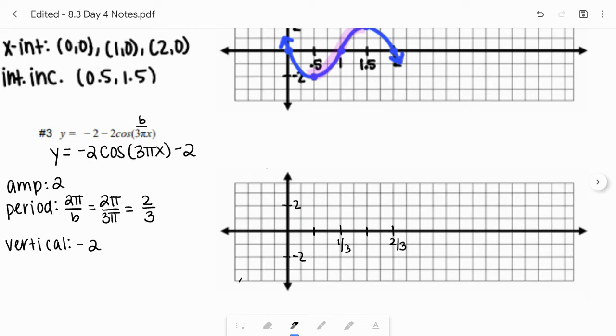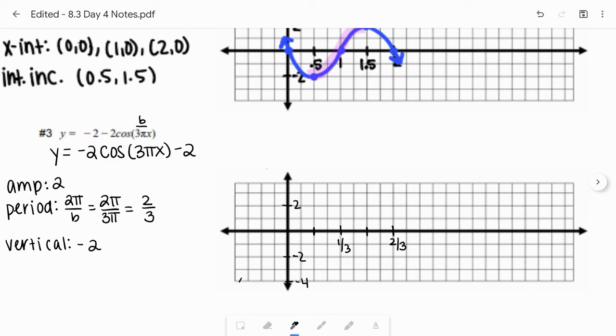However, we have a vertical shift of negative 2. So if I go down 2, my maximum would be at 0, and my minimum would be at negative 4. So negative 2 is actually going to be the middle of our graph here. Let's make that a little more clear.